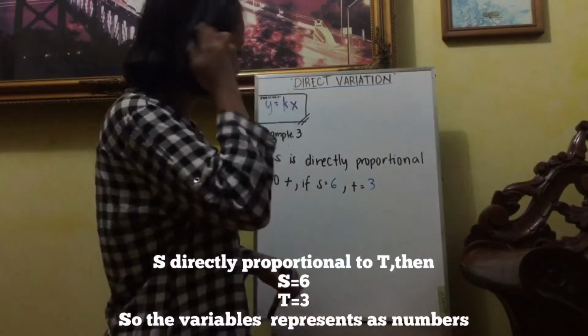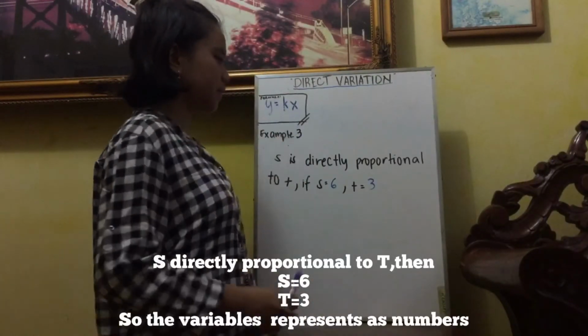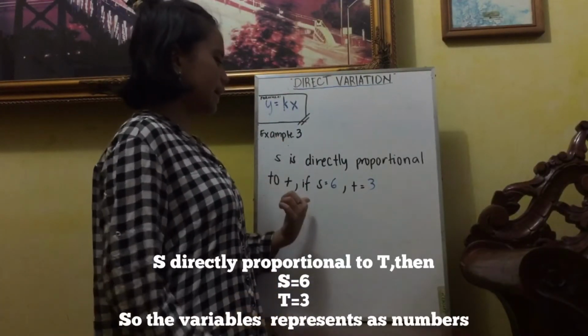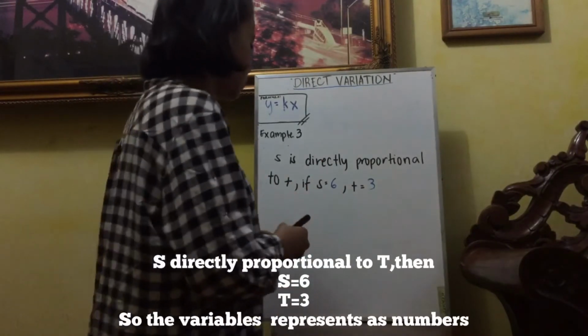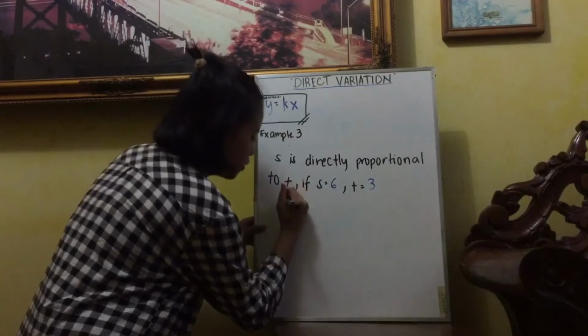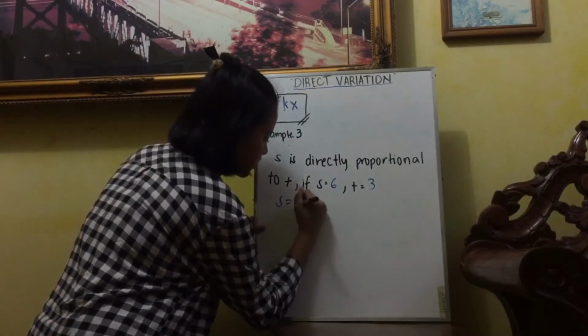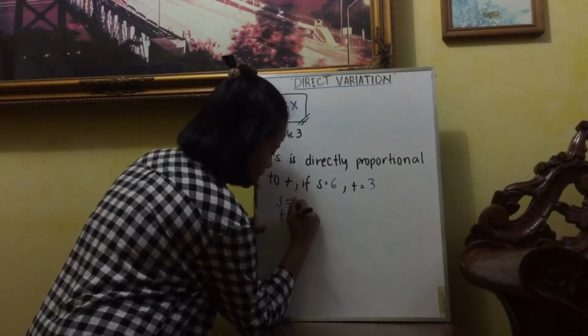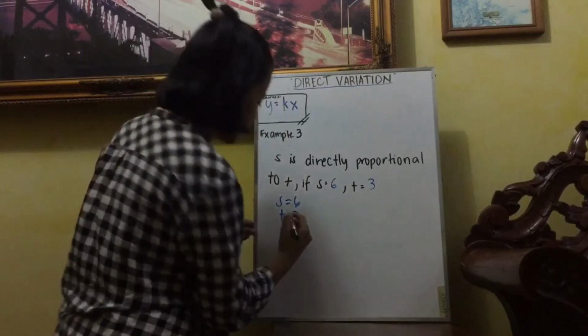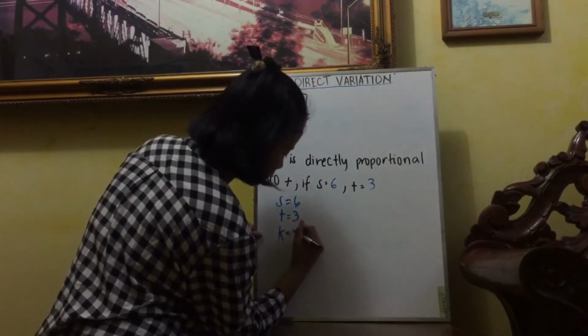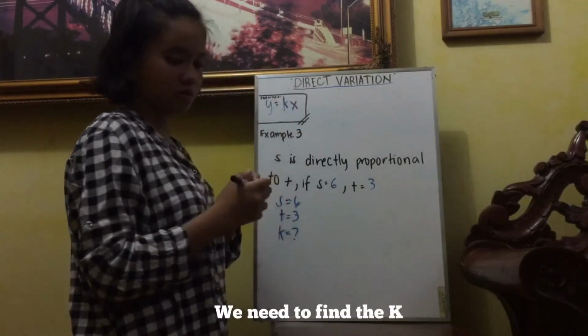Example number 3. y is directly proportional to x. If y is equal to 6, then x is equal to 3. These are the two variables and then the constant. We need to find the constant.